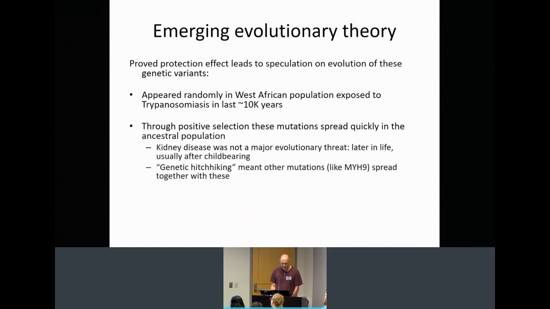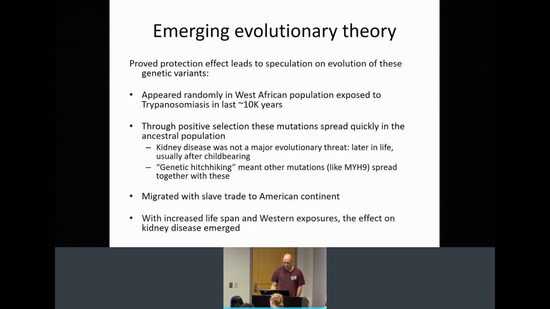Okay, so I think we understand what the emerging theory is: these mutations appeared in West Africa because they were protective against trypanosomiasis. Some variants went through this selective sweep. And at that point in time in Africa, kidney disease was probably less of a major threat to survival than African sleeping sickness, so they were positively selected in West Africa. And obviously this moved with the gene flow from Africa to the US.